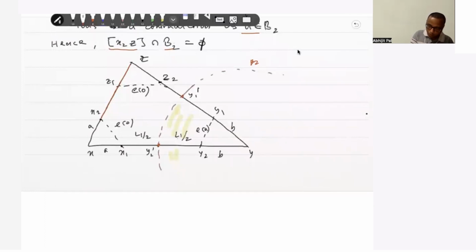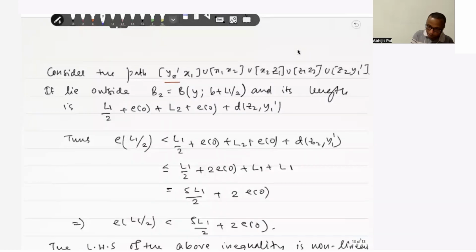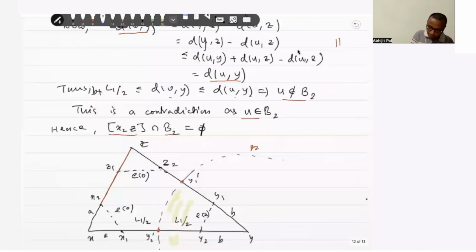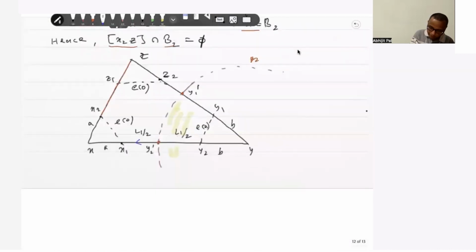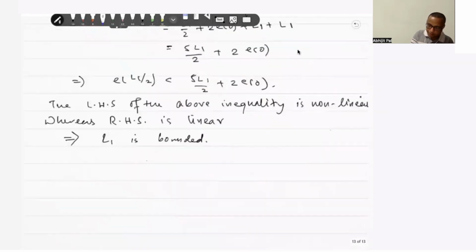And now, what path will we take? We'll take first this geodesic y2 prime x1, that is this one, and then x1, x2, then the path x2, z1, then the path z1 to z2, and then the path z2 to y1 prime. That is what I have written here.